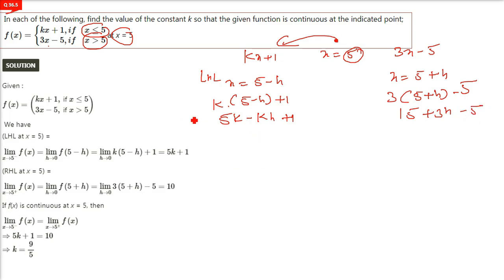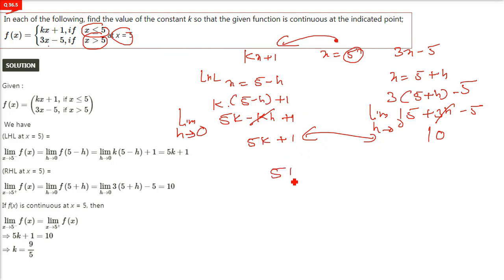Now you can apply the limit as h tends to 0, because we have already used x as 5 minus h. The kh cancels out, giving 5k plus 1, and here 3h cancels out, 15 minus 5 is 10. So left hand limit and right hand limit you have to equate: 5k plus 1 equals 10. So 5k is equal to 10 minus 1, that is 9, and k is equal to 9 by 5. This is your answer.